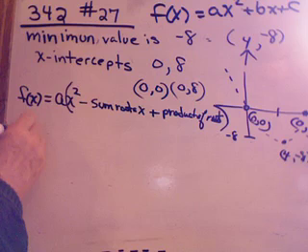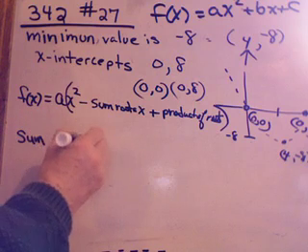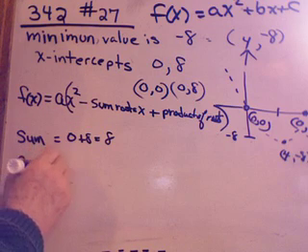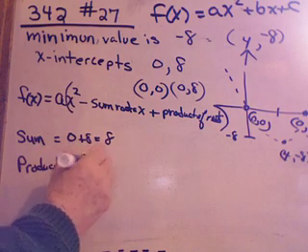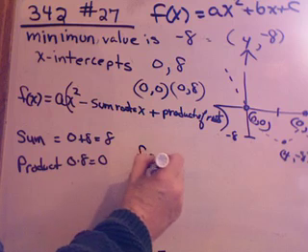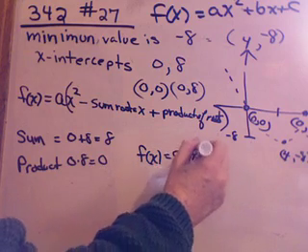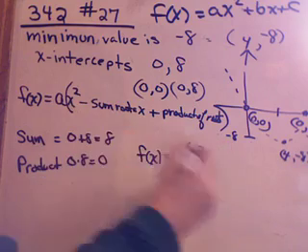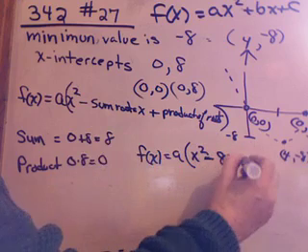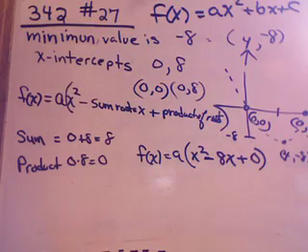We know the roots are 0 and 8. What's the sum of those roots? 0 plus 8 is 8. What's the product? 0 times 8 is 0. So I could do this equation, f of x equals a times x squared minus the sum of the roots, which is 8 times x, plus the product of the roots, which is 0.